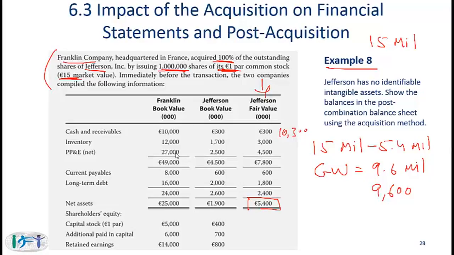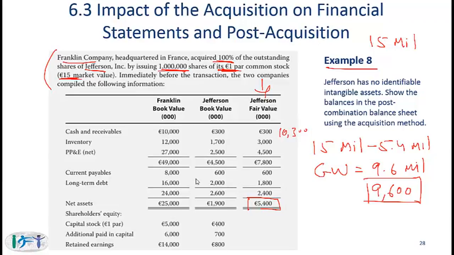Property, plant and equipment is going to be 27,000 plus 4,500. And then the assets will also include goodwill of 9,600. You can come up with all the numbers and show the consolidated balance sheet. The next slide will give you the exact answer.